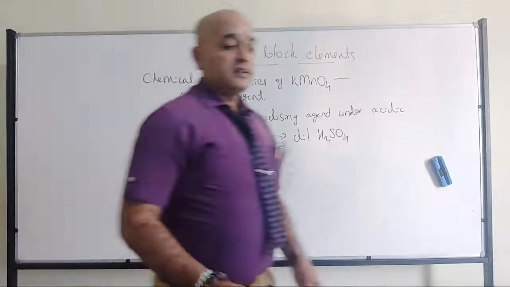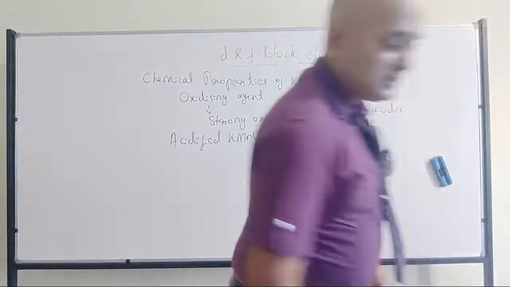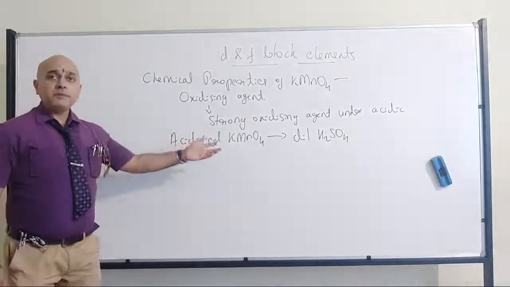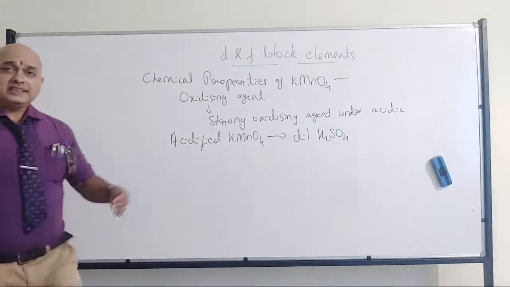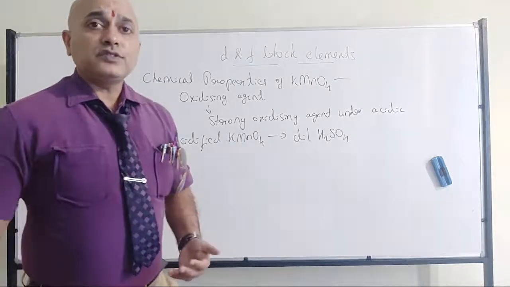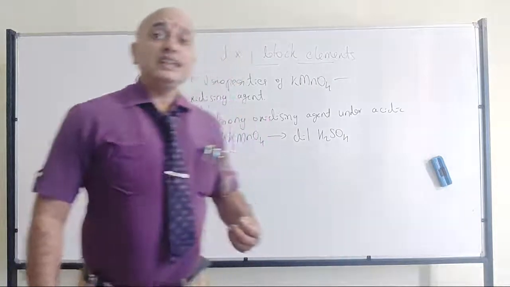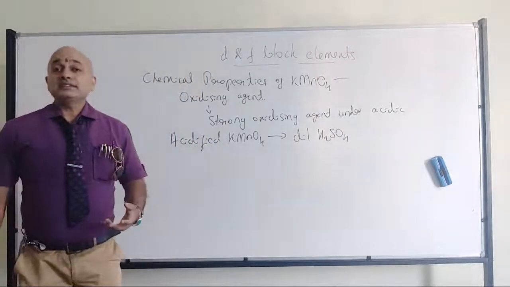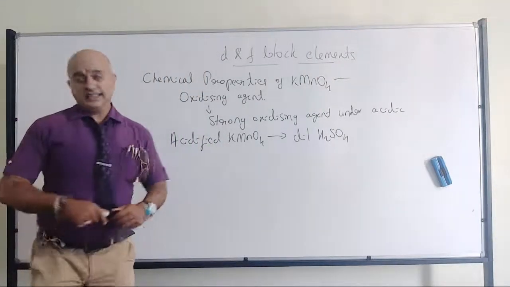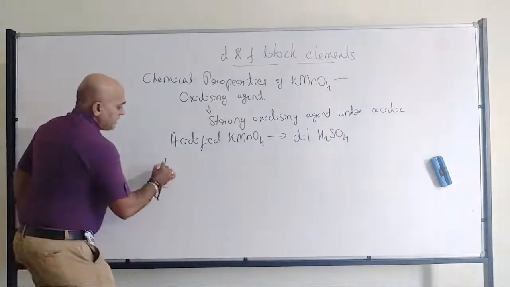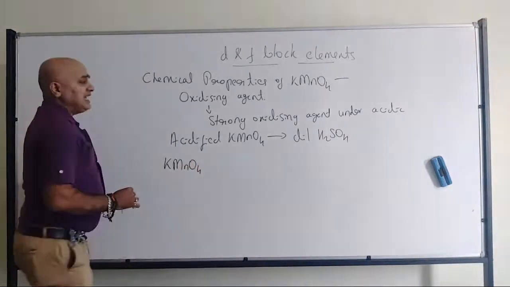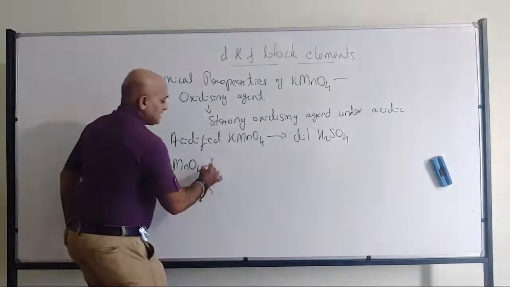Okay? Now the question here is, how will acidified KMnO4 be prepared? You got the answer: by using H2SO4. Now the next question is, why will acidified KMnO4 act as an oxidizing agent? To answer that, this is where we have the KMnO4.